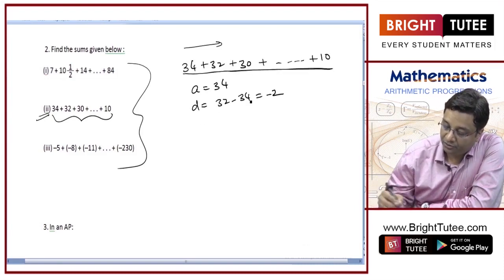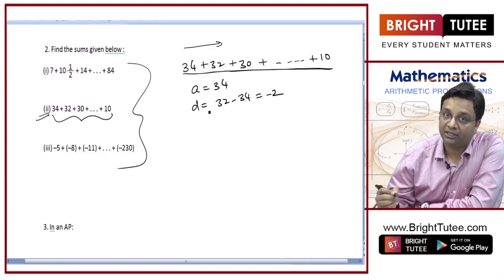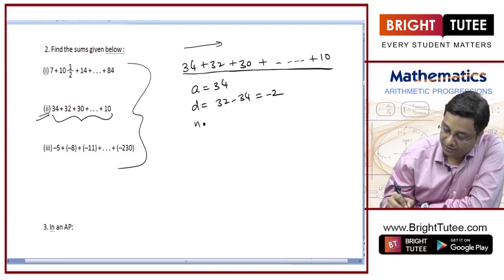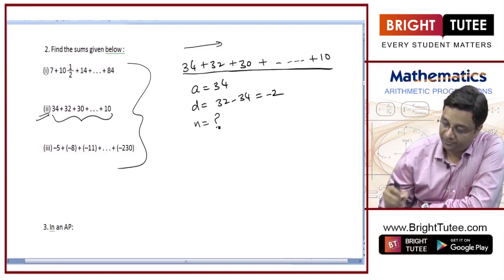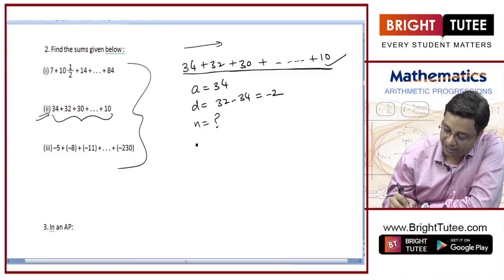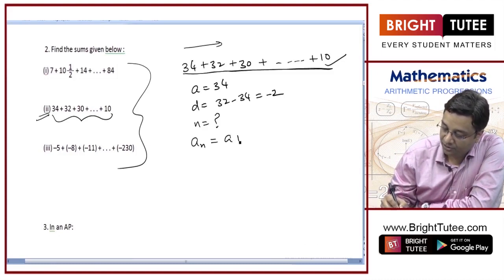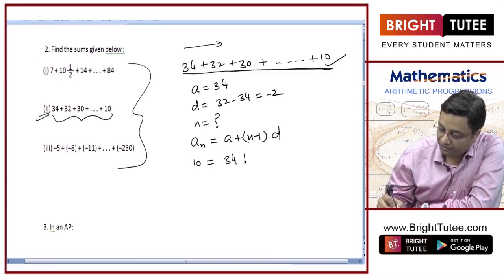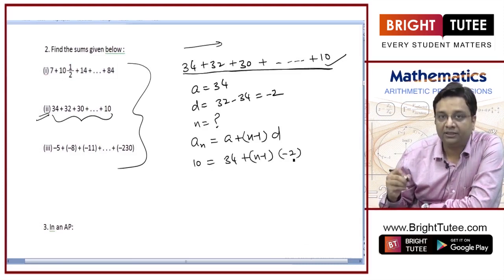So, if I ask how many terms are in this AP, what is the value of n in this? The nth term is 10, so I can put an equal to A plus (n minus 1) into D. I can put an equal to 10, A equal to 34, plus (n minus 1) into D equal to minus 2.